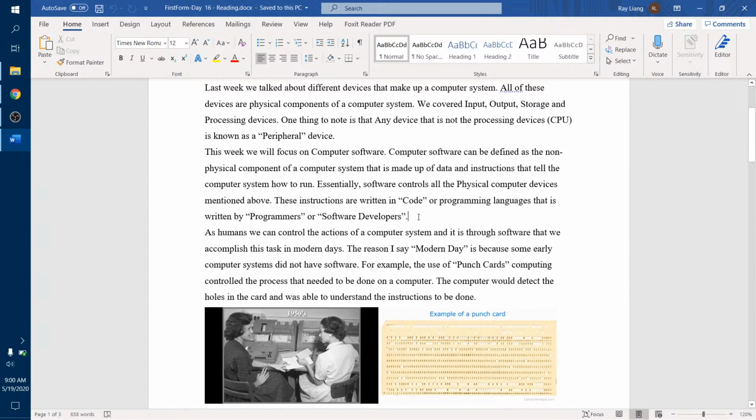Some people say it's difficult because you're writing in this weird language. We call them programming languages. It might look difficult to understand, but once you learn the basics, it's pretty easy to develop basic code for something simple like a calculator, or maybe even writing some basic games, if you're really interested in coding.